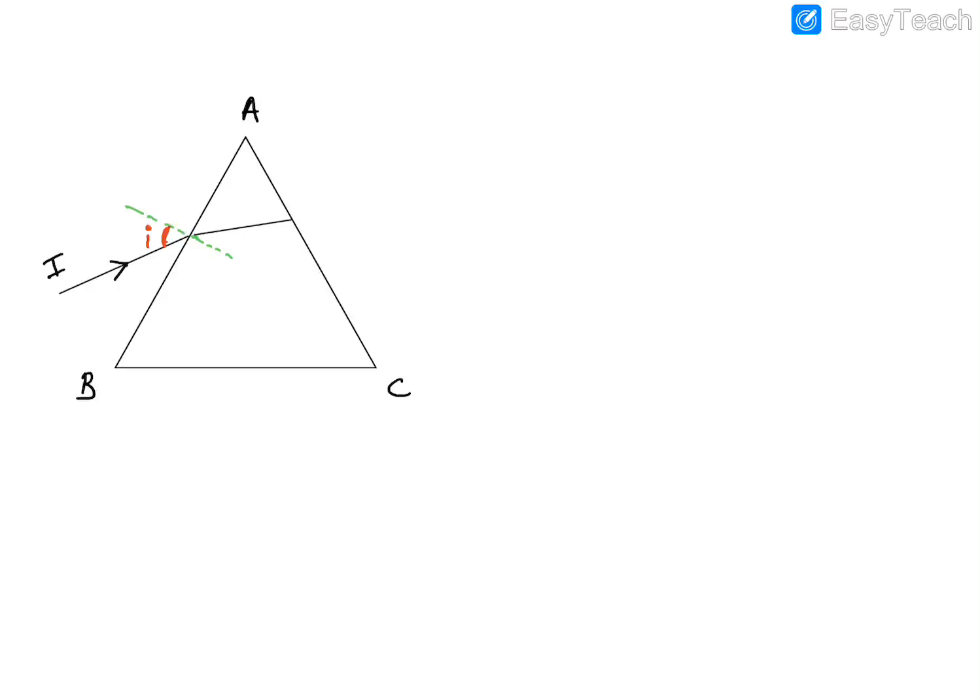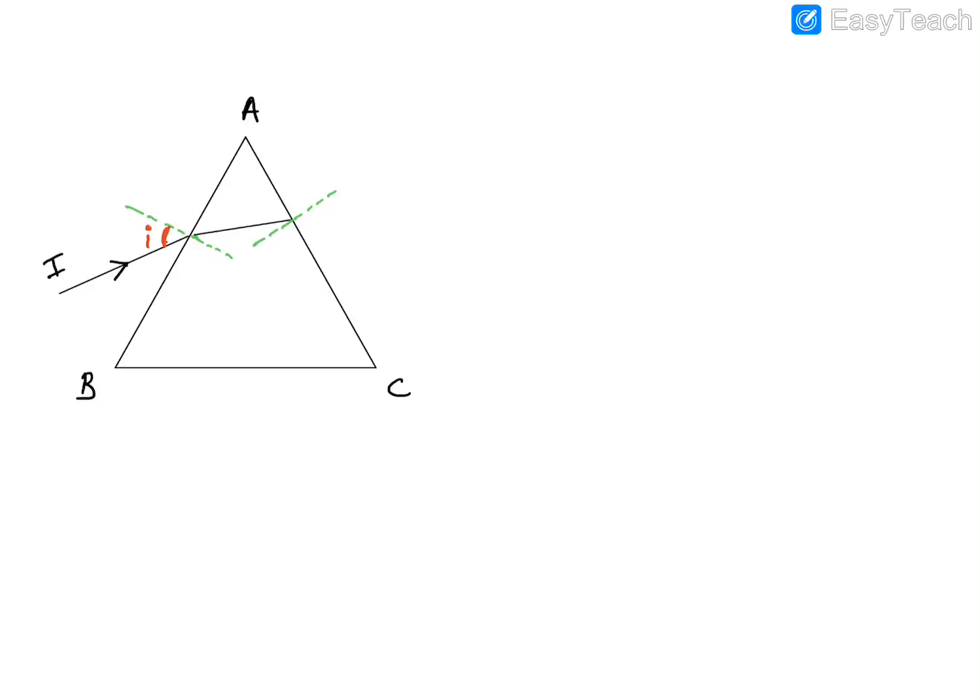After this, let's draw the normal here also. Now again, when the light ray travels from denser to rarer, how will it go?